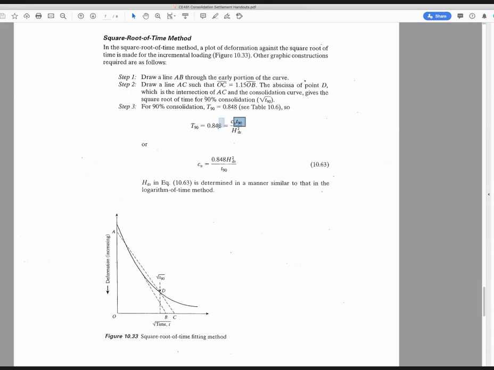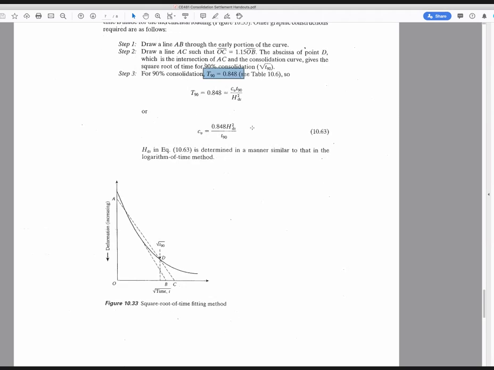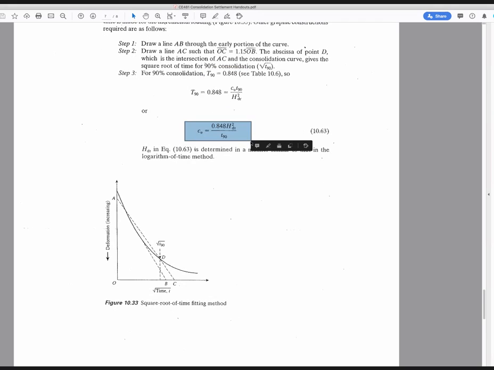You're solving for C sub V. H drainage squared is, again, your specimen height, either single or double drained, either the whole height or half the height, depending on that feature of single or double drained. And this time, big T90 is 0.848. So this is, again, a standing value that you can just use whenever you're evaluating T90. You can just grab that number specifically, rearrange it, and solve for C sub V.